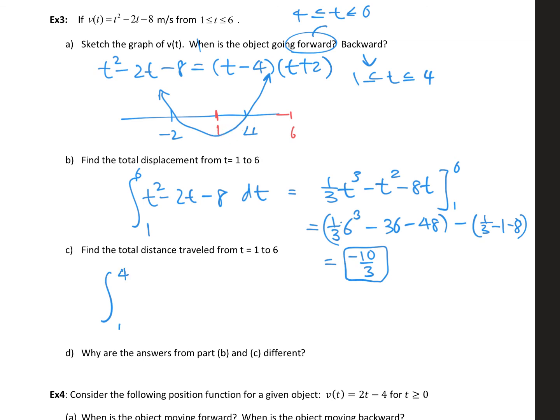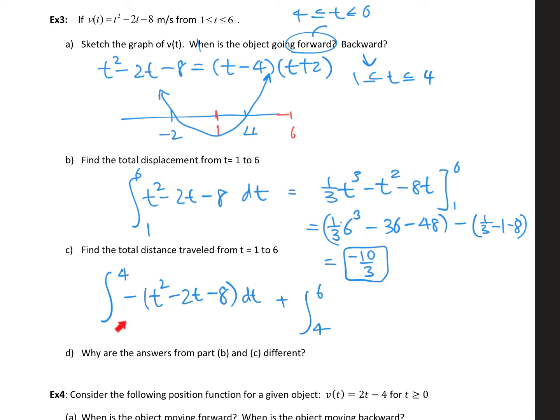From 1 to 4, I have to do negative t squared minus 2t minus 8, because in this portion, this quantity is negative. If I put a negative in front of it, this quantity is going to be positive. And then the second portion is 4 to 6.